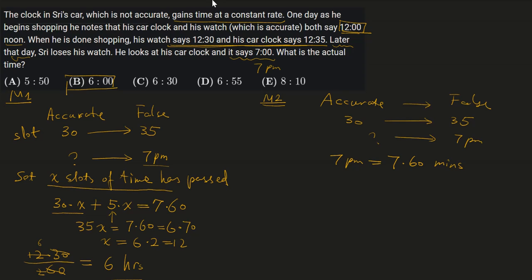Is that right? Good. And we also know that in the false time system, every 35 minutes is mapped into 30 minutes back in the accurate time system. Let's call this a slot of time. Then for this number of minutes, how many slots of time have passed in the false time system?